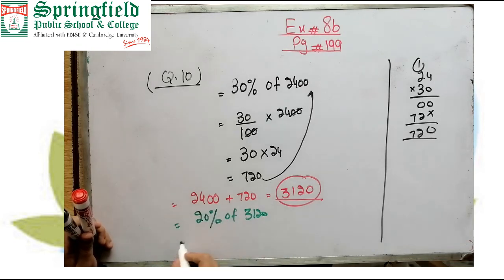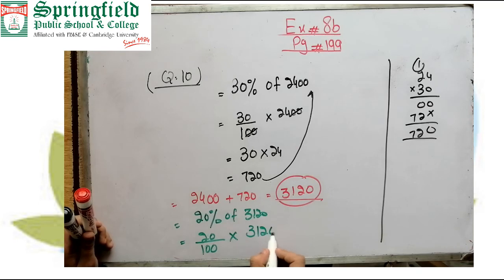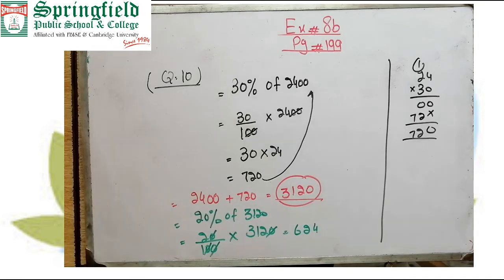What will be the amount of this? 20, remove the percentage and put it on 100, multiply 3120. Then 0 with cut is 0, 0 again with cut is 0, and then 2 2s are 4, 2 1s are 2, and 2 3s are 6. It means 624 is the amount.